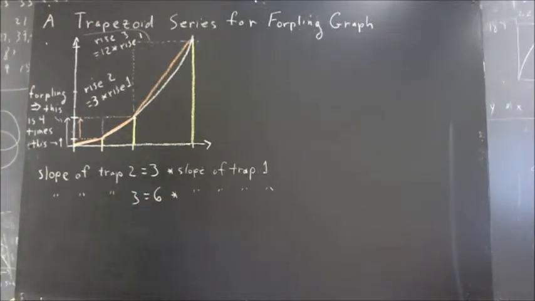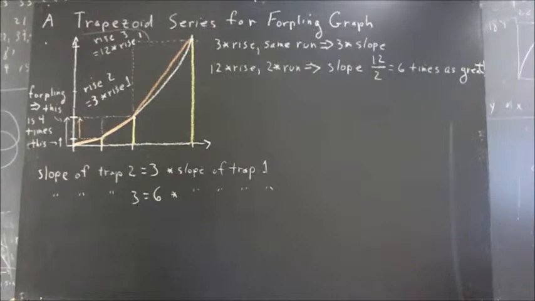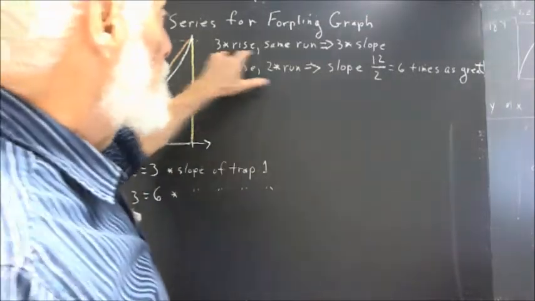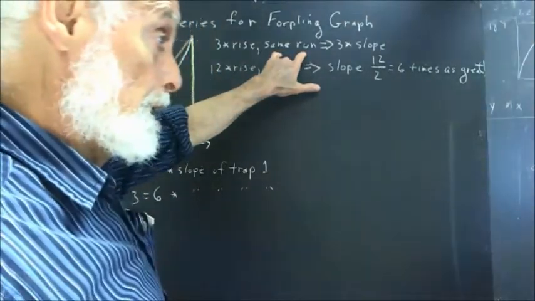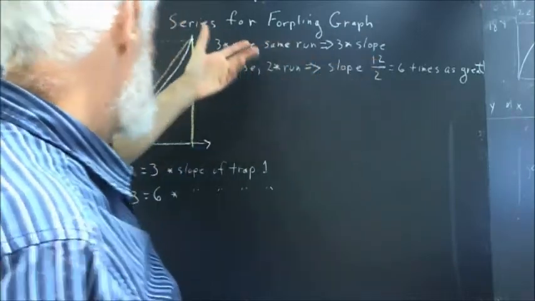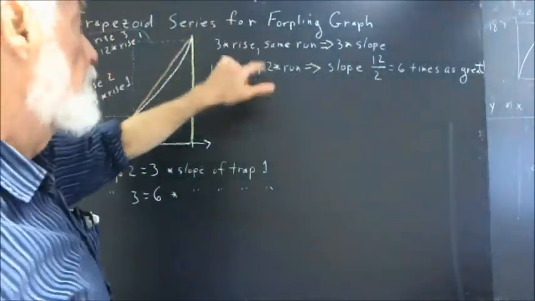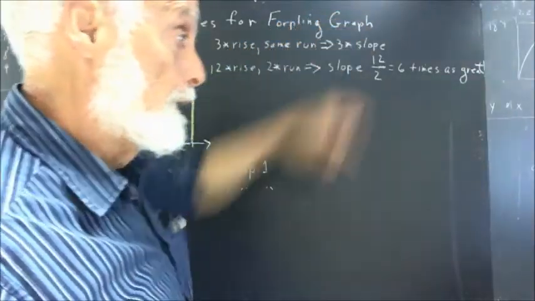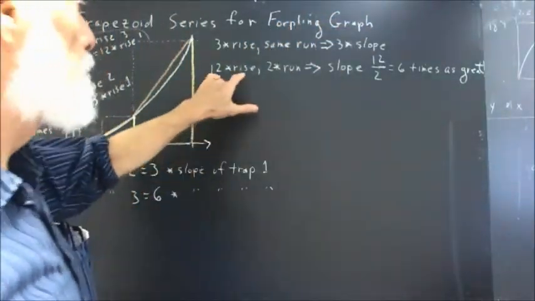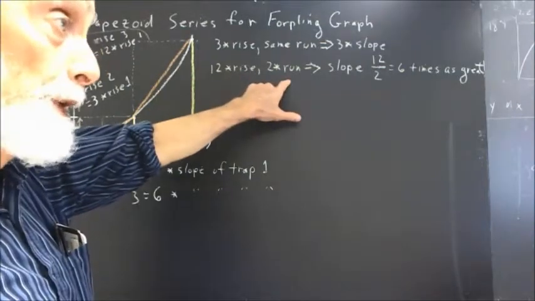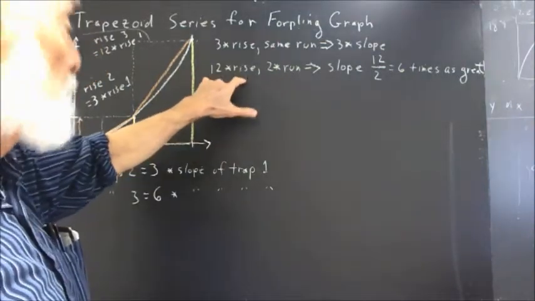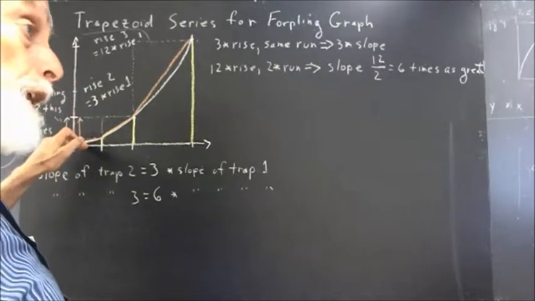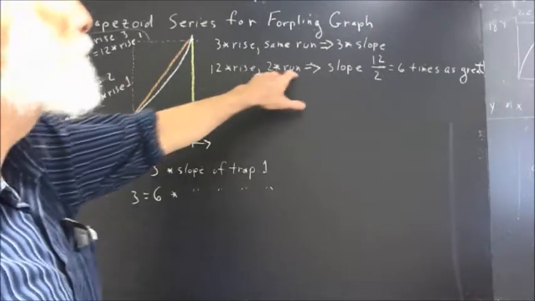Now I'm going to write down a couple of things. So the reasoning is 3 times the rise divided by the same run is going to give you 3 times the result. We're dividing rise by run. If the rise is 3 times as big and the run is the same, that means the quotient is going to be 3 times as great. However, if you got 12 times the rise and twice the run, then you're dividing a number that's 12 times as big as it was for the first trapezoid by a number that's twice as big.